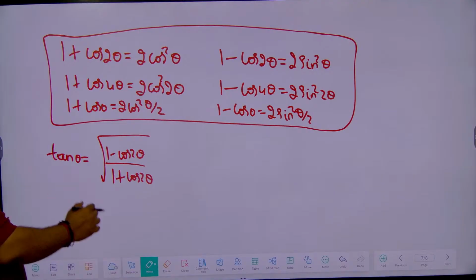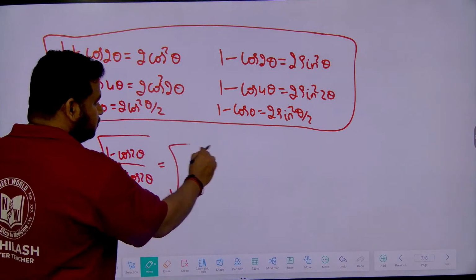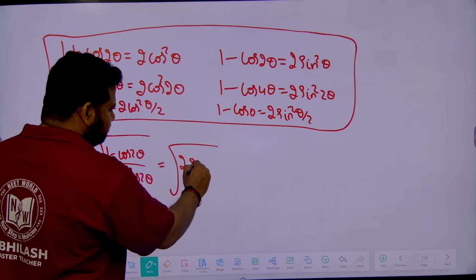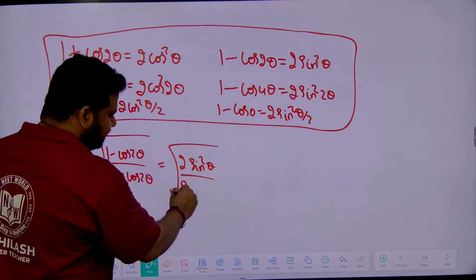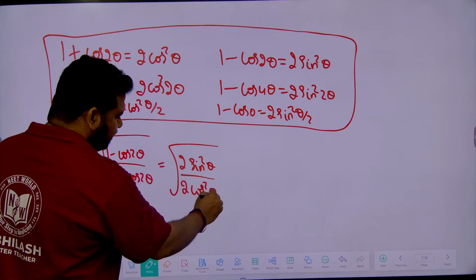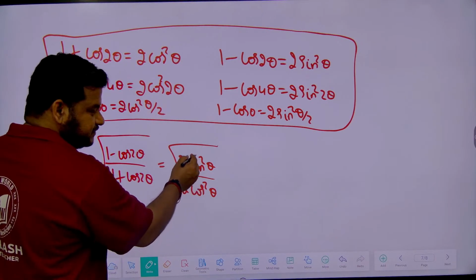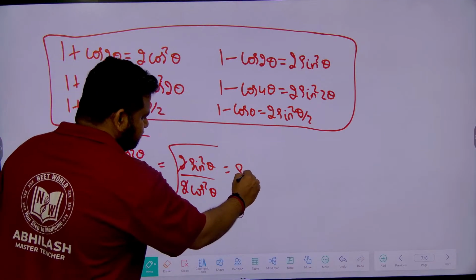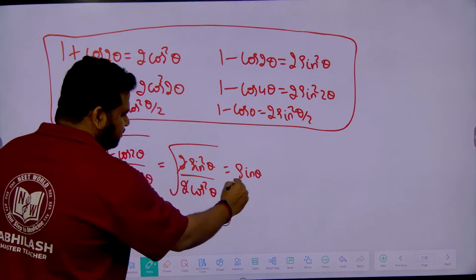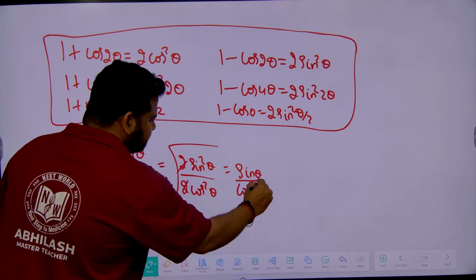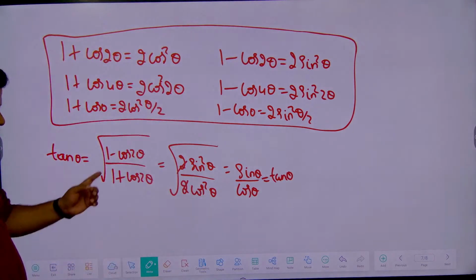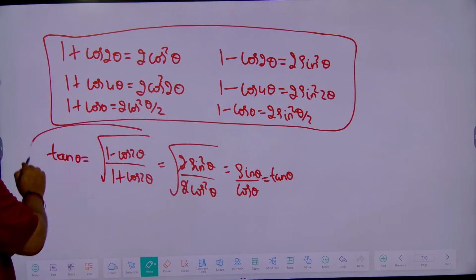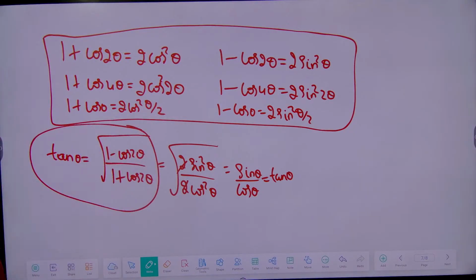Why? 1 minus cos 2 theta is nothing but 2 sin square theta. 1 plus cos 2 theta is 2 cos square theta. 2 cancels. Square root of sin square is sin theta, square root of cos square is cos theta. So sin theta by cos theta is tan theta. That is what I wrote. Tan theta can also be written like this. This is also important to know. Make a note of it.